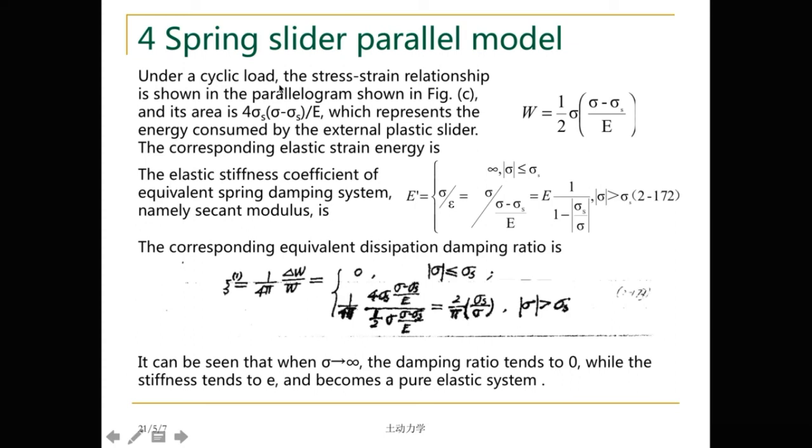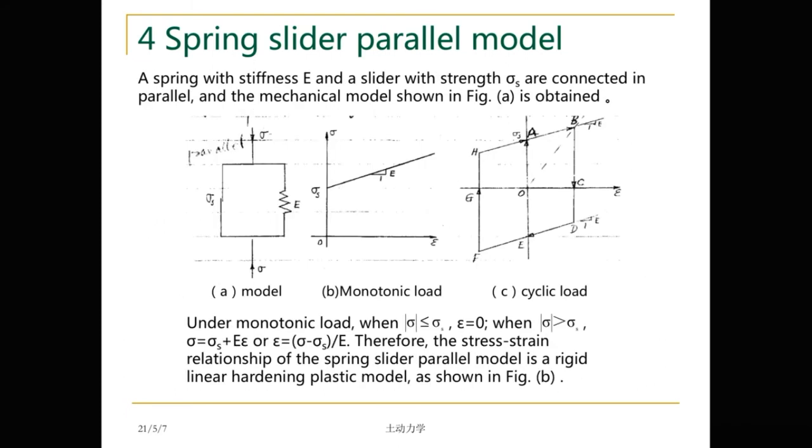Under cyclic load, the stress-strain relationship is the parallelogram shown in figure C, and its area is 4 sigma s times (sigma minus sigma s over E). Let's go back to see the area of it.